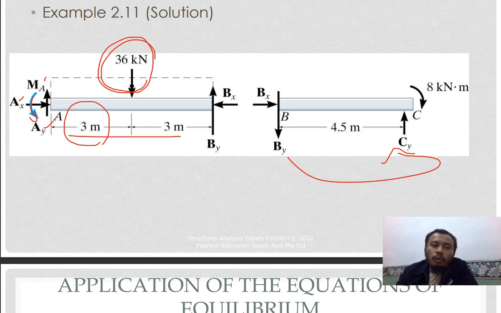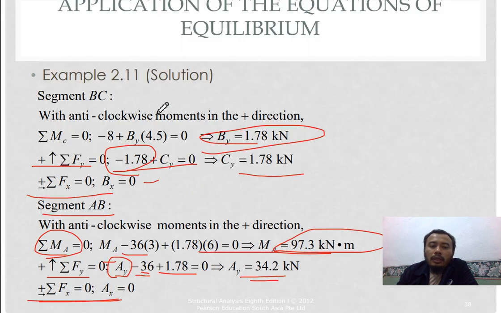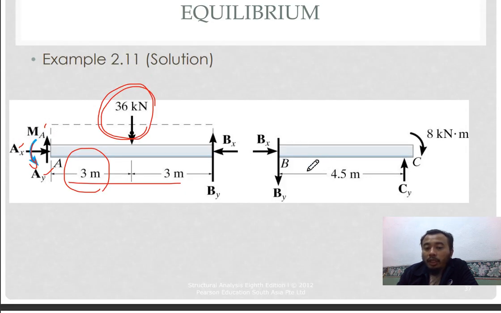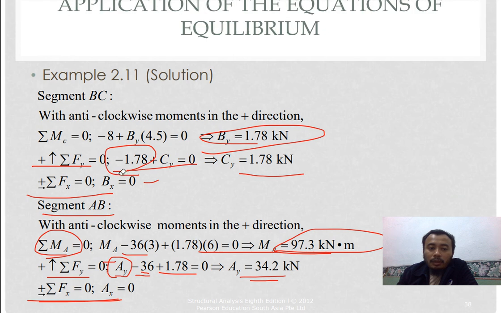So based on your assumption, if the assumption is right, for example, the solution assumes that it is acting downward, the free body diagram remains the same, downward. But in case you have a wrong assumption, like you assume positive and then you get the value of By as negative, right?